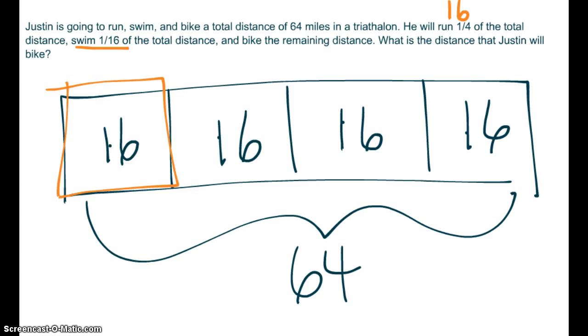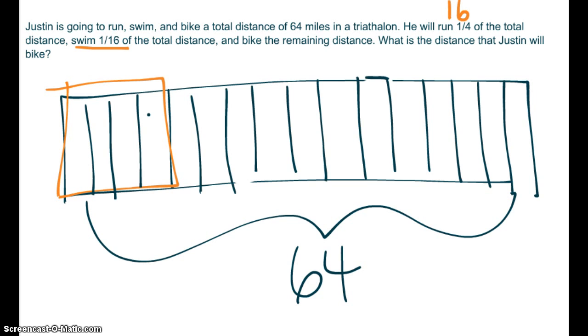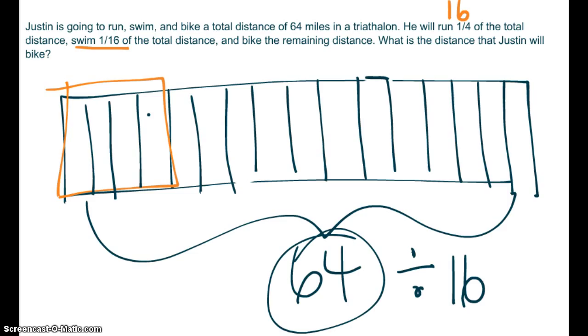All right, now it says he swims a 16th of the distance. So now, instead of 4 pieces, I could have 16 pieces. So let me split everything into 16. If my total again is 64, I need to divide that into 16 pieces to figure out how much each piece will hold. And I discover that each of them will be 4 miles.